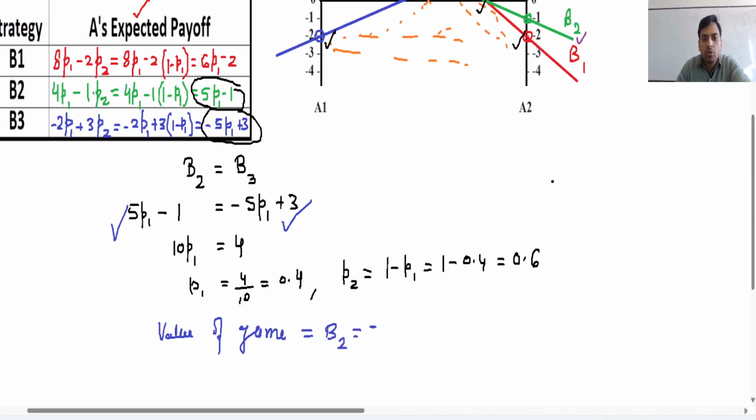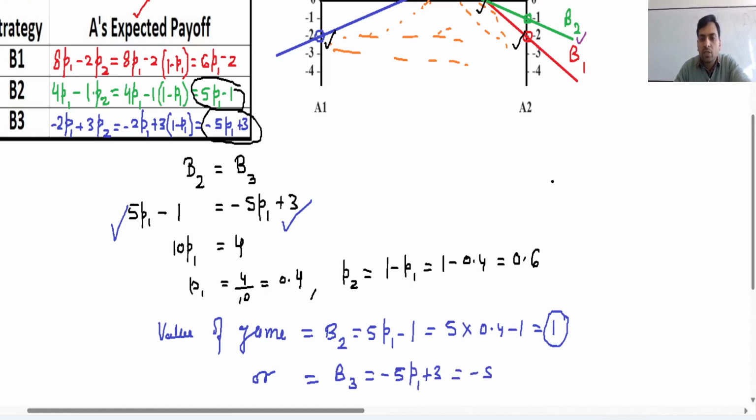So B2 is equal to 5P1 minus 1. So we can put 5 into P1. P1 is 0.4 minus 1. So you will see 5 fours are 20, that is 2. 2 minus 1 is 1. So this is the value of game. Or we have one more choice, we can find it by using B3 also. So B3 is equal to minus 5P1 plus 3.